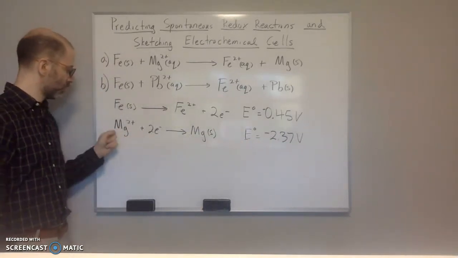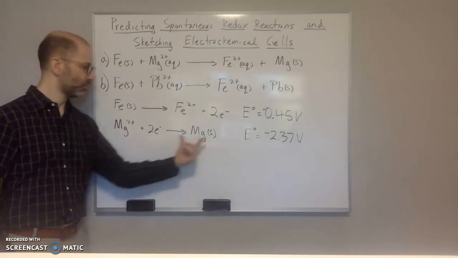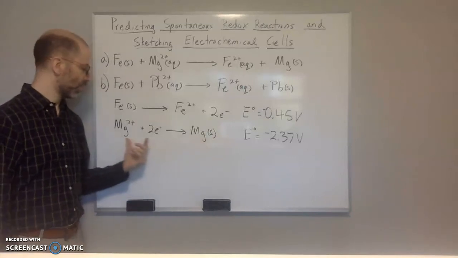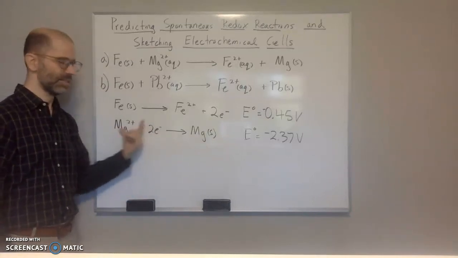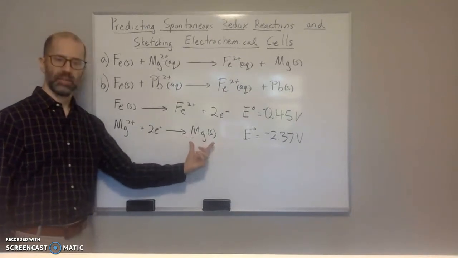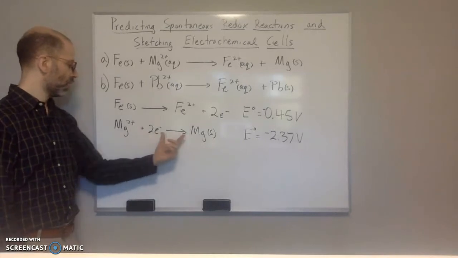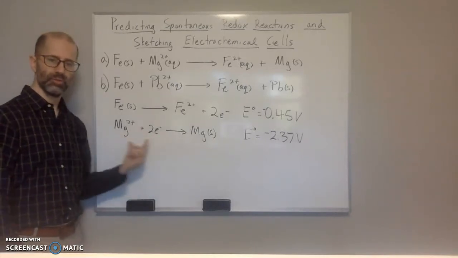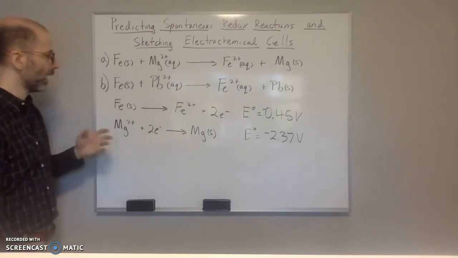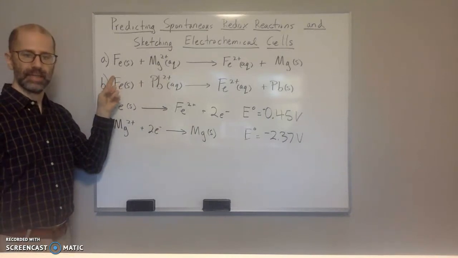So instead of magnesium 2 plus picking up 2 electrons and becoming magnesium solid, it's more likely that magnesium is going to be oxidized instead of reduced. So magnesium is more likely to be oxidized than magnesium 2 plus is to be reduced. So this would go in the backwards direction. So the way this is written right now is not spontaneous.